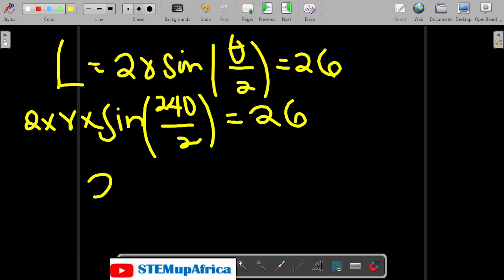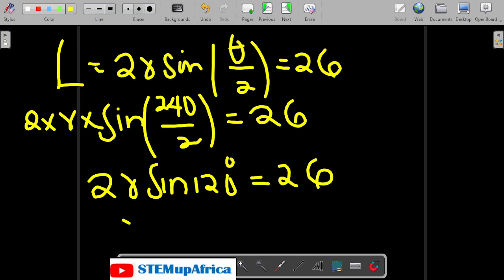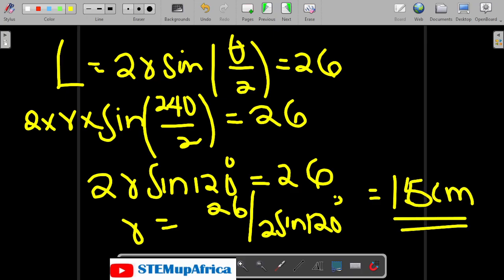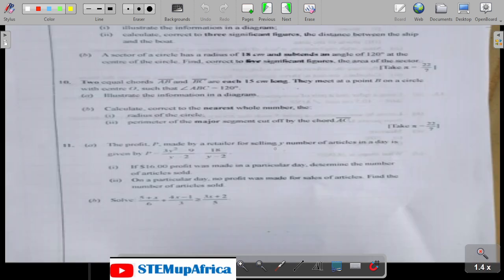So that will give us 2r sine 120 degrees equals 26. So r is now 26 divided by 2 sine 120 degrees. That will give us 15 centimeters as the radius of the circle. The value is 15.